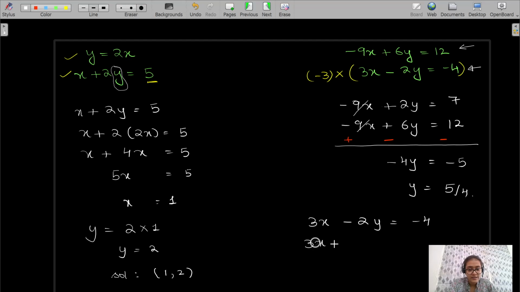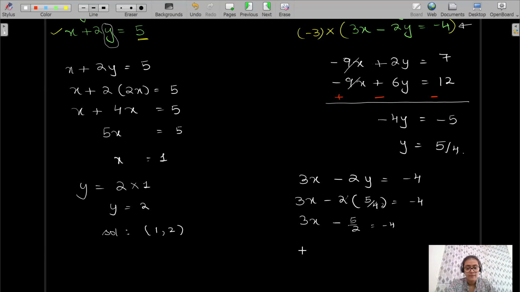So 3x minus 2 times 5 over 4 equals negative 4. So 3x minus 5 over 2 equals negative 4. So 3x equals negative 4 plus 5 over 2.